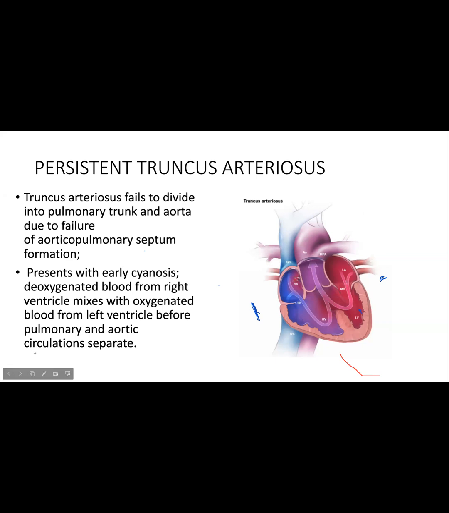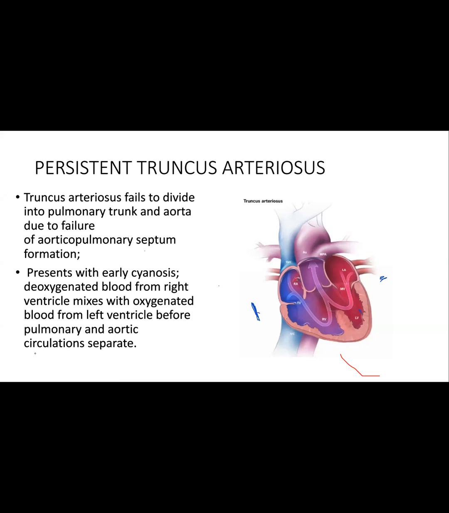Usually, during the development of the fetus, the truncus arteriosus is the normal structure that divides into the aorta and pulmonary artery, but sometimes there is a defect where it does not divide, and so there is a common trunk, a common artery.